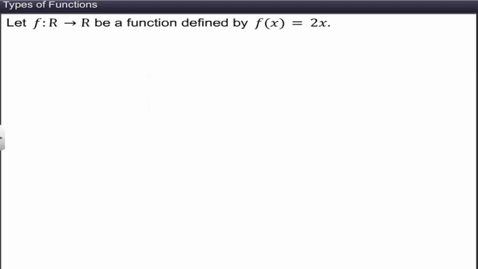Moving forward, let's now show that the function f from R to R, defined by f(x) = 2x, is a 1-1 function.